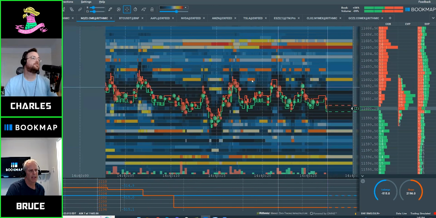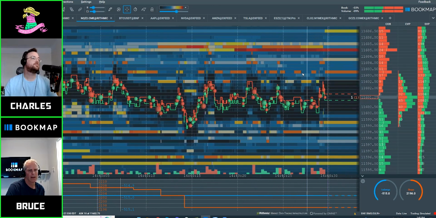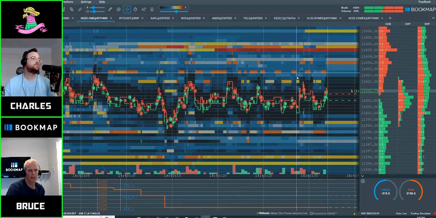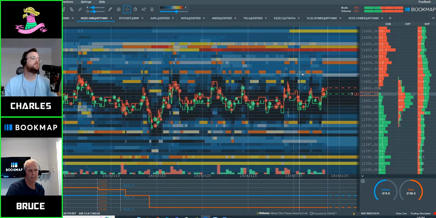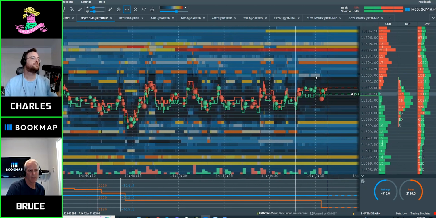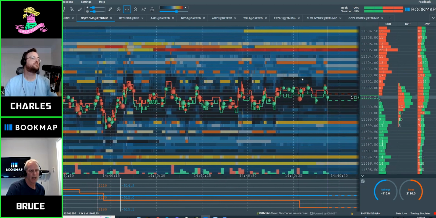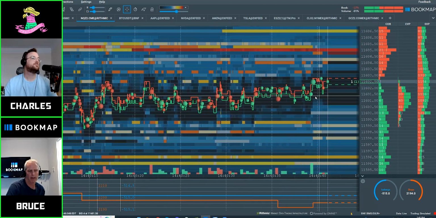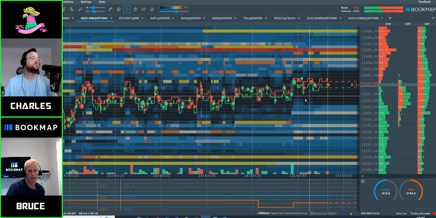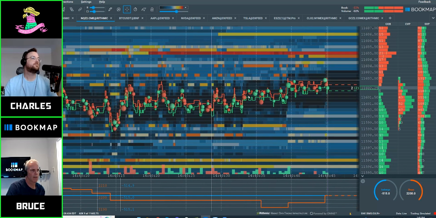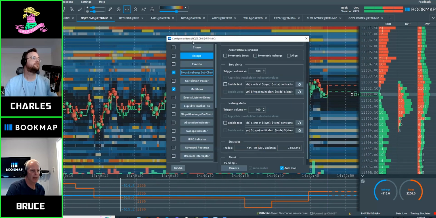Yeah, see, these are like stacker algos here. They're pulling and adding very close. They're saying, well, we're going to be in the queue, but we don't want to trade right now. Once they want to trade, they'll stop pulling and just stay in the order book. We can actually mimic that with our API.